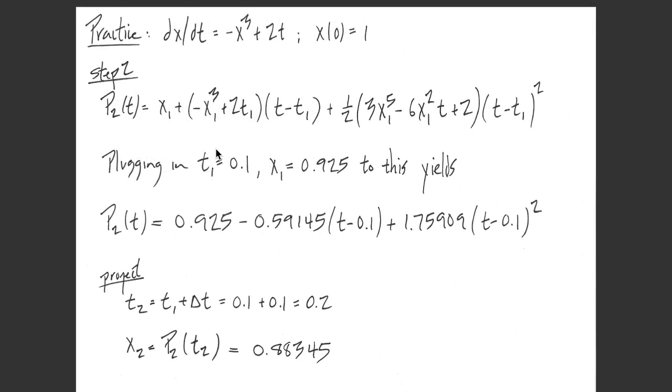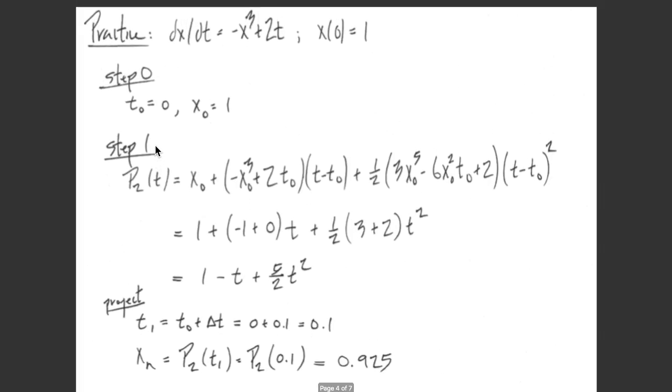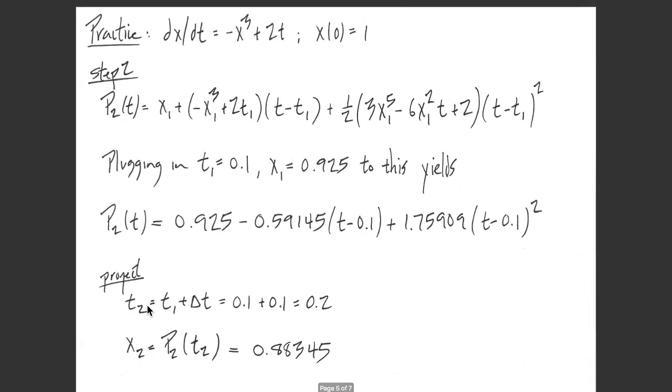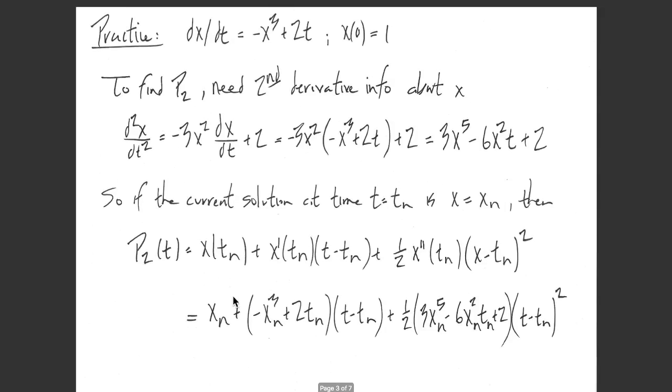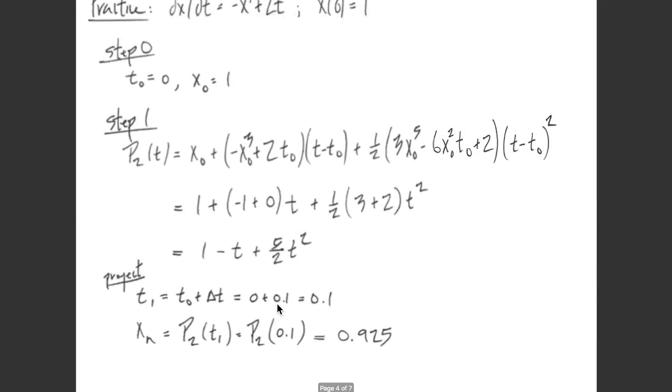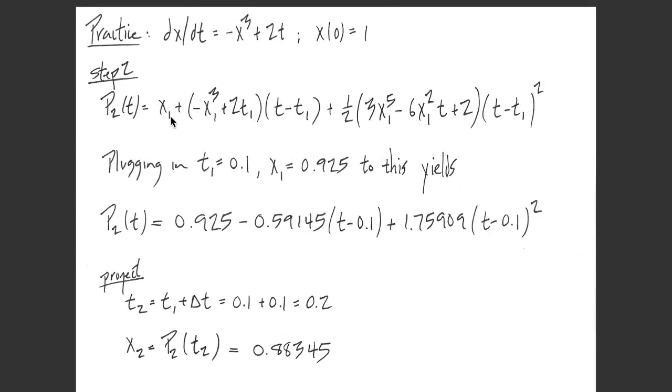For step 2, we begin again by computing the Taylor polynomial, this time centered at the solution we just arrived at at the end of step 1. So now it's this same formula here, except now I'm using n equal 1, right? So I'll have x1 and t1 plugged in here. And so x1 minus, there's our first derivative evaluated at t1 and x1, times t minus t1.